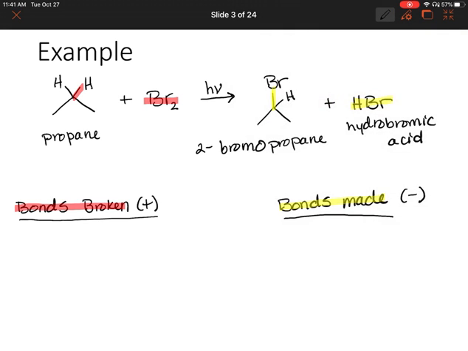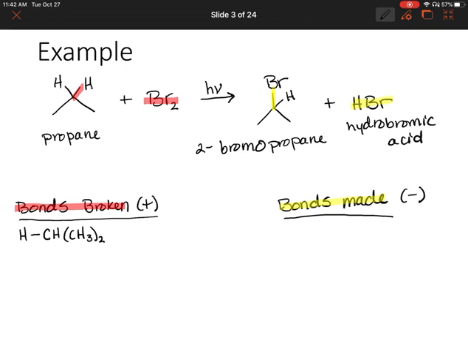All right, so let's look up each of those bonds and their energies. So under bonds broken, let's write out H is bonded to a carbon that's bonded to another hydrogen as well as 2 methyl groups.